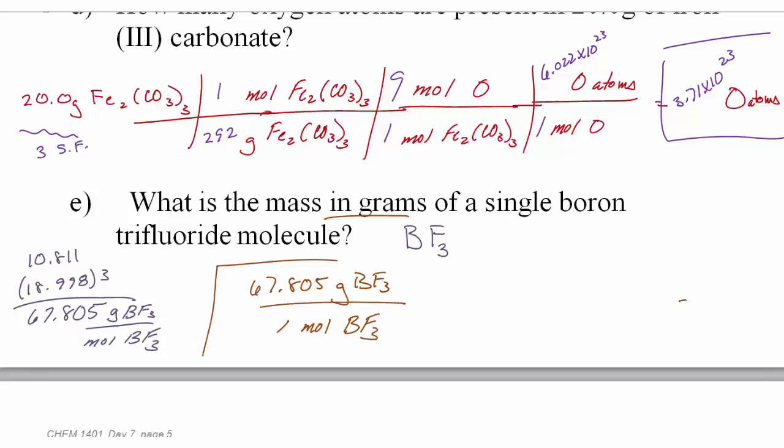So we need the mass of just one of these molecules. In 1 mole of boron trifluoride, how many molecules do you have? Avogadro's number, 6.022 times 10 to the 23rd.